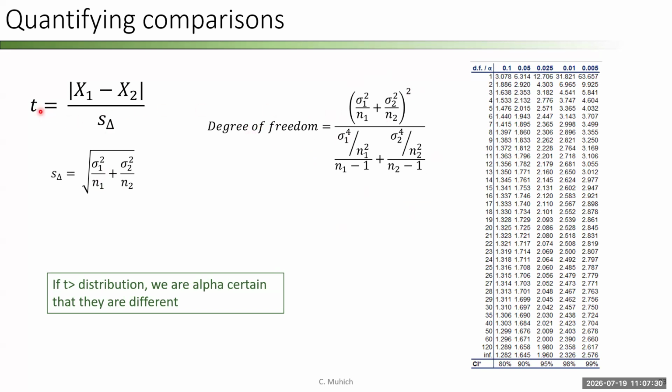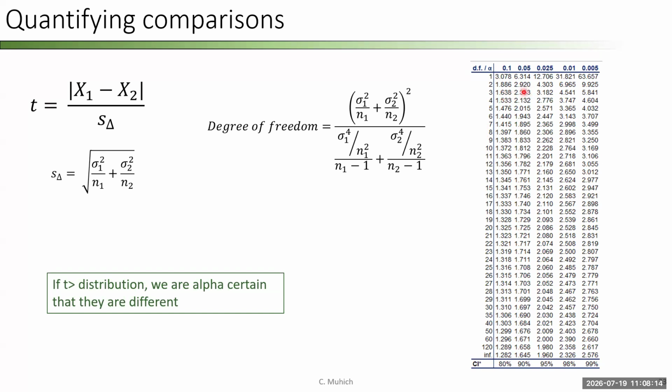What we do then, once we have t and the number of degrees of freedom, is go down the number of degrees of freedom that this has told us. And then across the top is the percentage, the confidence level. This is what we want to use: the t-value at 80% confident, 90% confident, 95% confident, 98% confident, or 99% confident. Let's say the number of degrees of freedom is 3, and I have a t-value of 2.5.